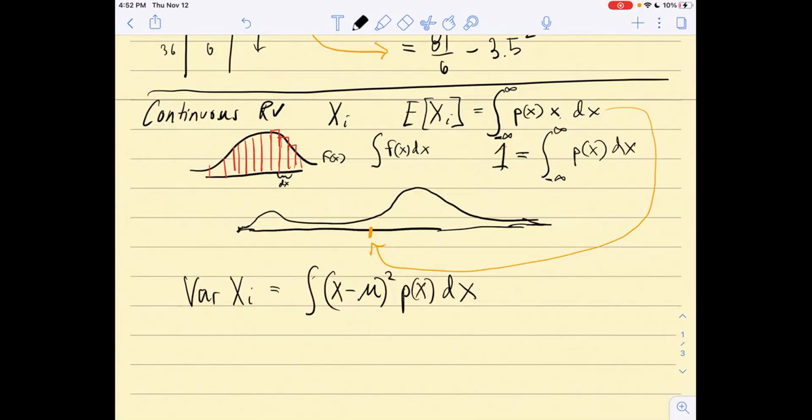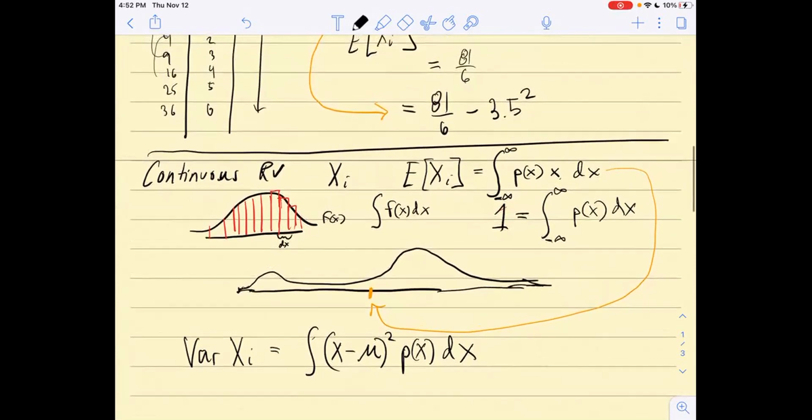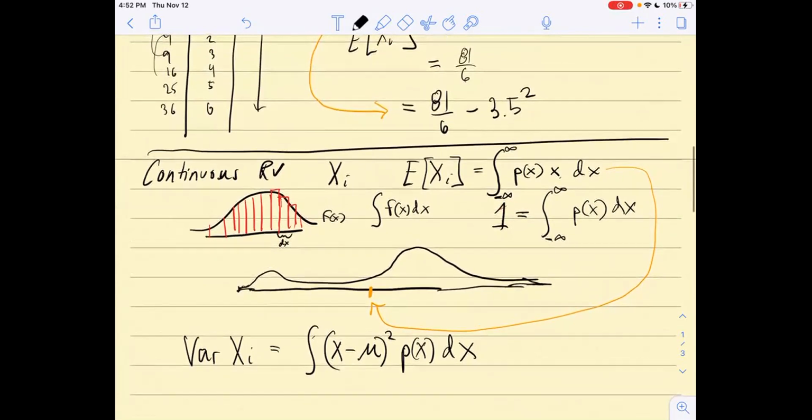So rather than adding these quantities, we are integrating the density times (x minus mu) squared. I don't want to get too far off here, but this is just like the fact that whether you have a discrete random variable or a continuous one, there are ways to calculate its expected value and its variance.